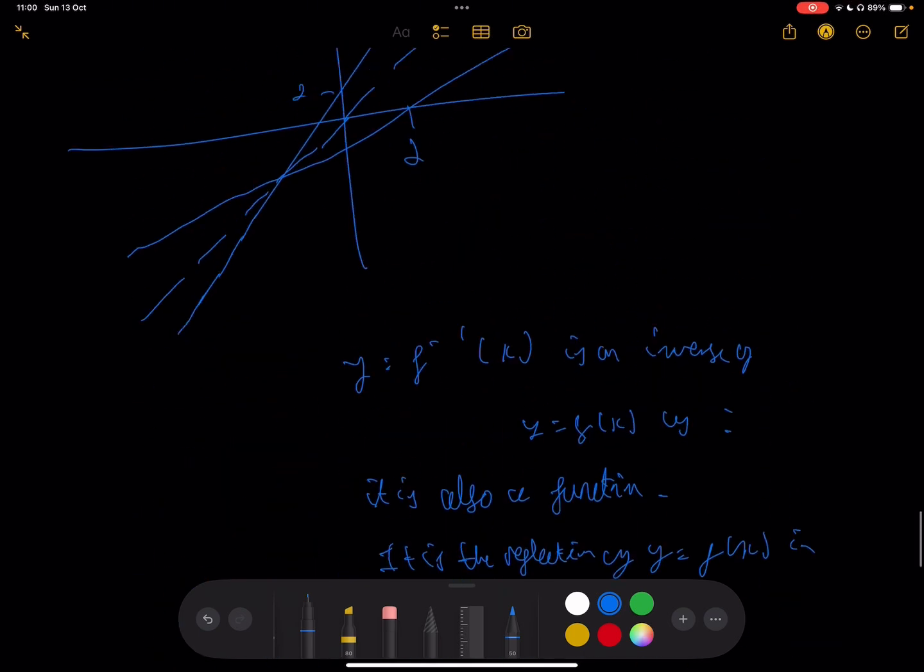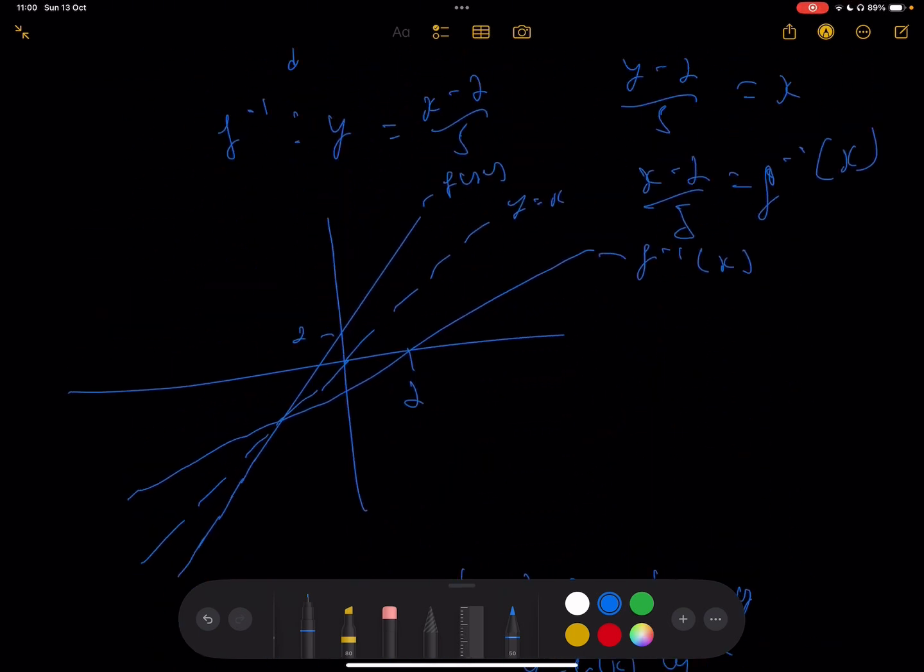It's also important to know that the vertical axis intercept of f of x becomes the horizontal axis intercept of f minus 1 of x.